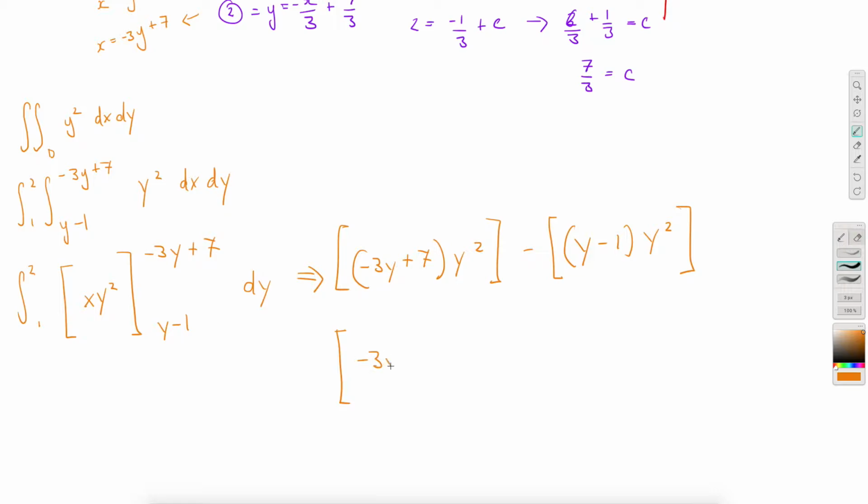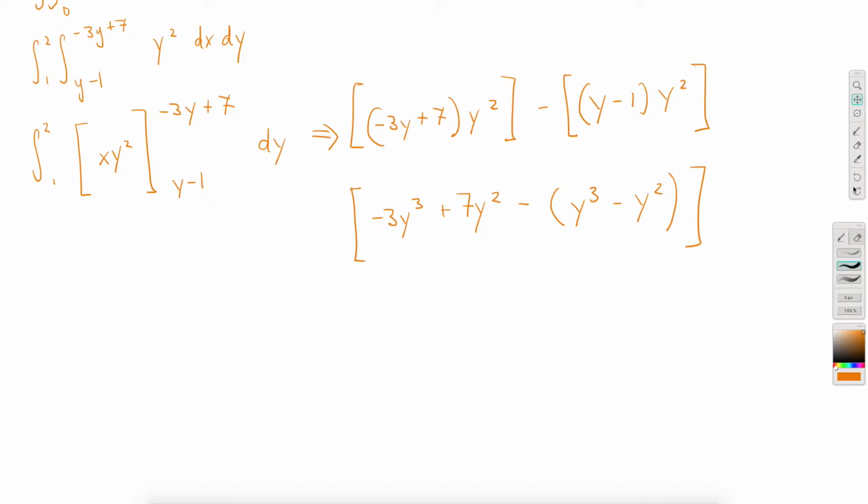This equals negative 3y cubed plus 7y squared minus y cubed minus y squared. This is negative 3y cubed plus 7y squared minus y cubed plus y squared.